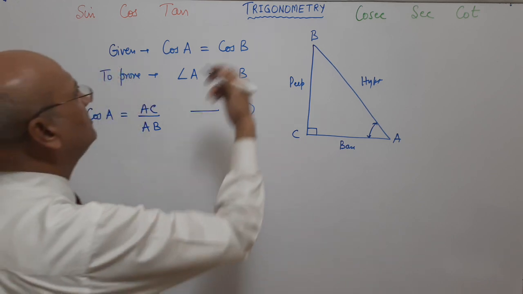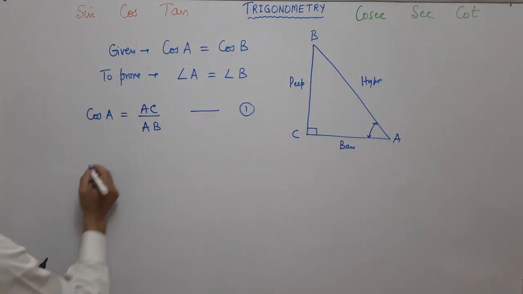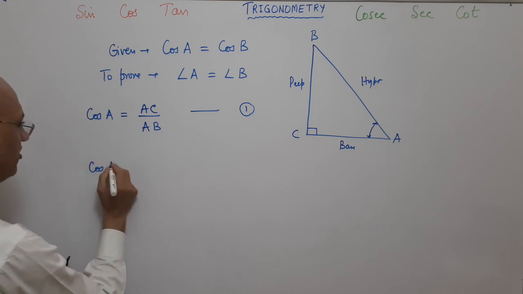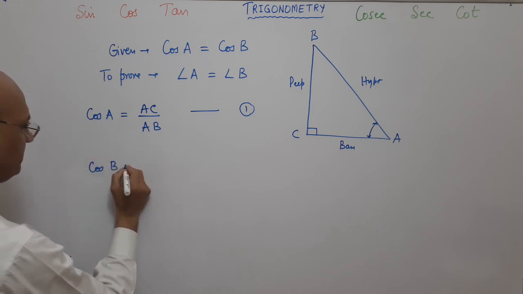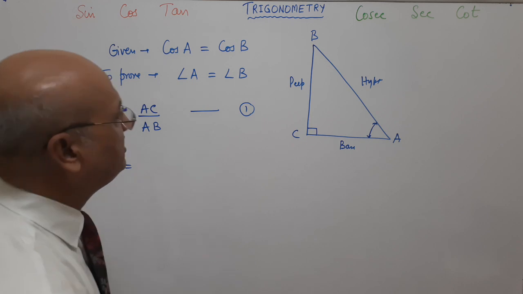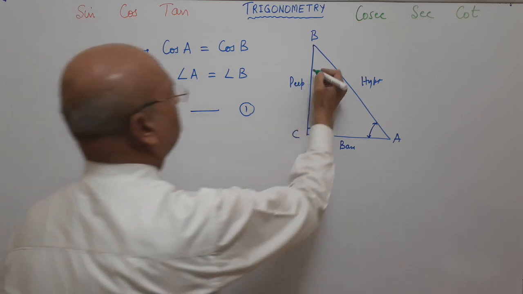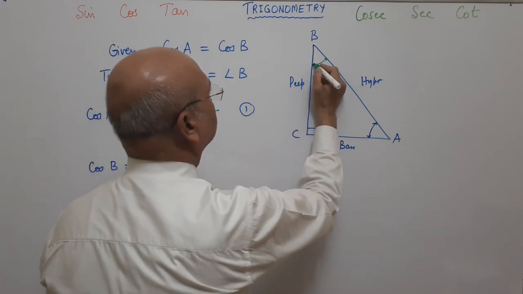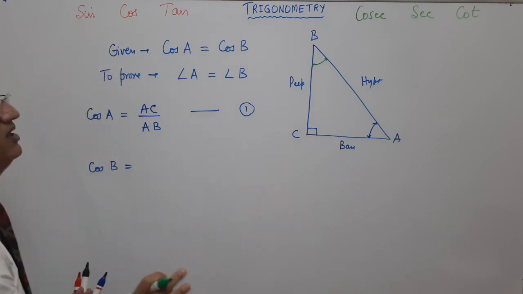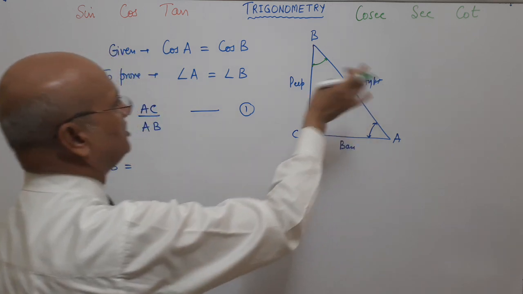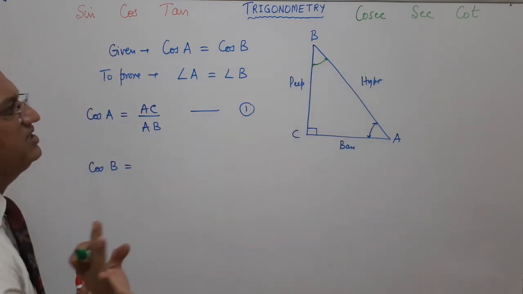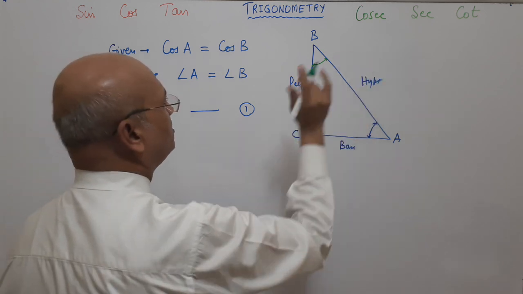Okay. Now consider cos B. Now for cos B I am writing with green pen so that you can understand. The criteria is that it will be made up of hypotenuse and base only; only the perpendicular and base change. For cos, hypotenuse will be the same.